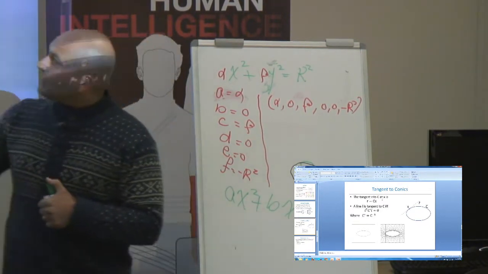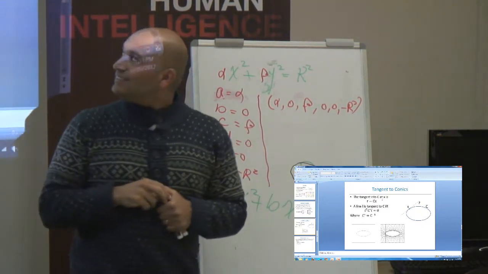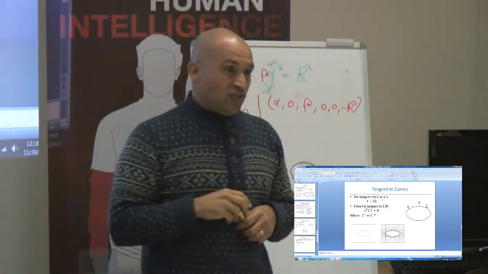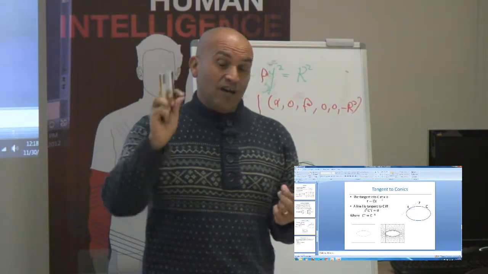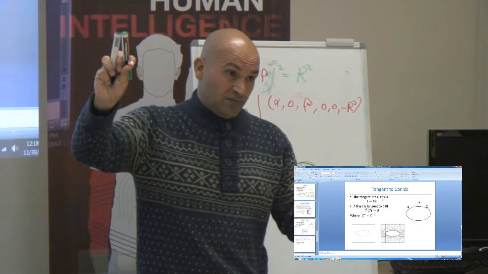Now, if we take a line L that is a tangent of a conic. So we have a point, and we compute the tangent that passes at this specific point.